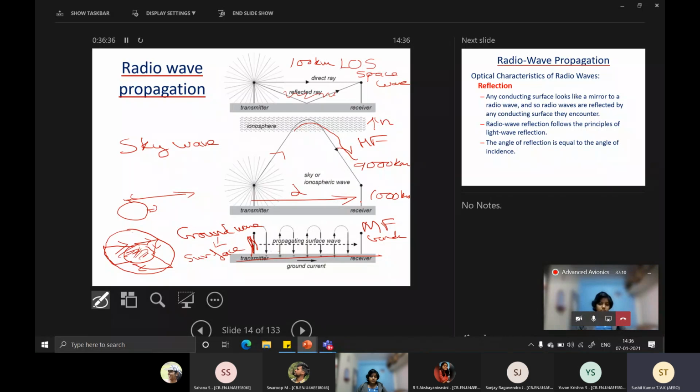For the class, what do you think will be the disadvantage of MF? Anyone can answer. Sandhita told that LOS has a disadvantage because of curvature of Earth. Similarly, what do you think is the disadvantage of the MF band?